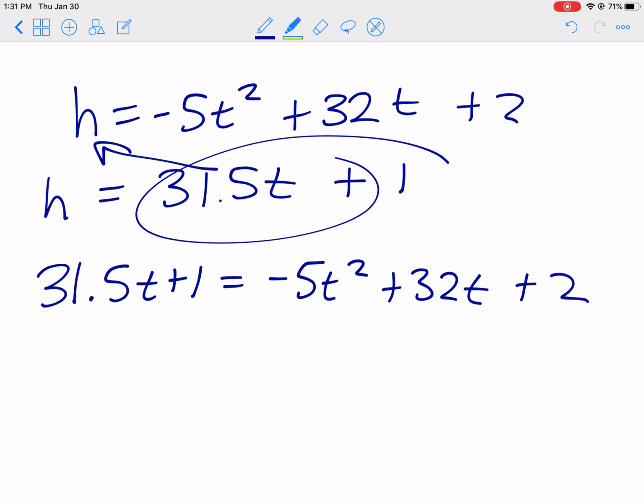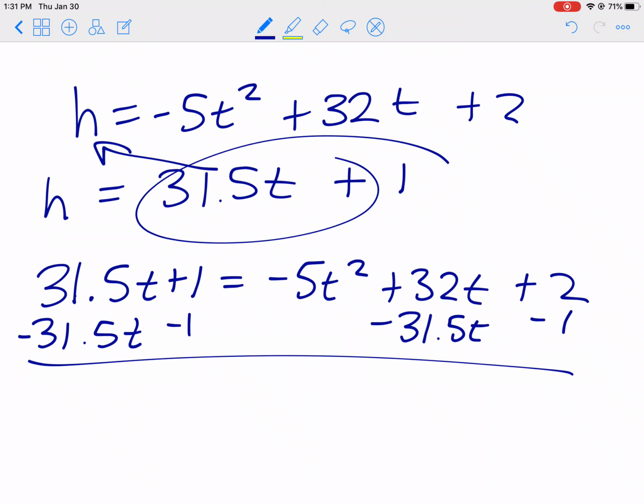I like the coefficient of the quadratic term to be positive, but I think we're going to end up multiplying or dividing by other stuff anyway, so I'll just go ahead and move these two terms. I want to set it equal to 0, since it's a quadratic, that's how we typically solve those.